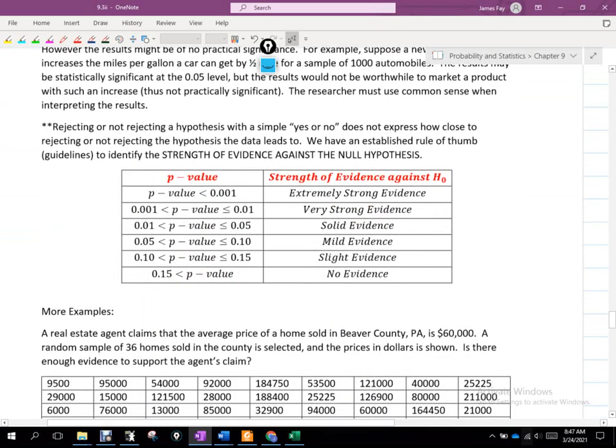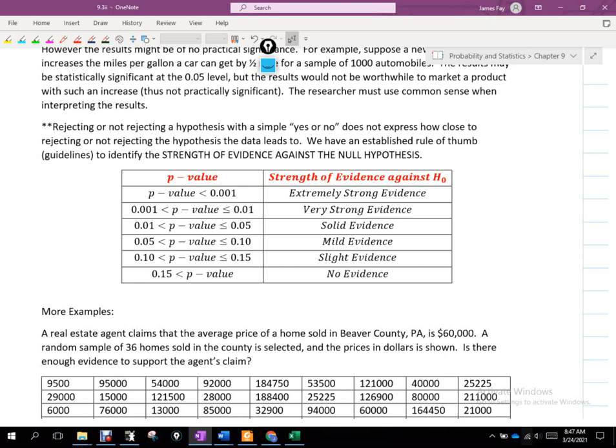So when we write a conclusion, we're going to want to come to this table. And to be honest with you guys, I don't know if the questions we see as we go through the rest of the class are ever going to ask you to determine a strength of evidence.